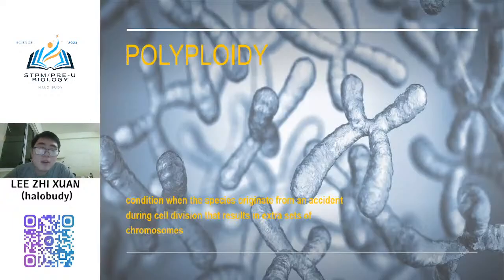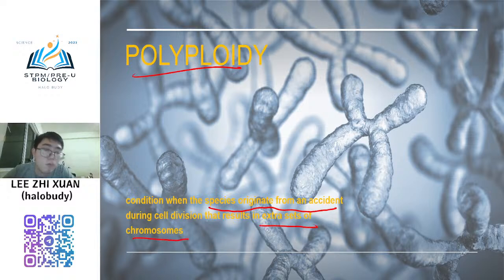Okay. Polyploidy. So now we already end aneuploidy. So now we proceed to polyploidy. So polyploidy actually is the condition when the species originates from an accident during cell division that results in extra sets of chromosomes. Yang ni memang berbeza dengan aneuploidy.